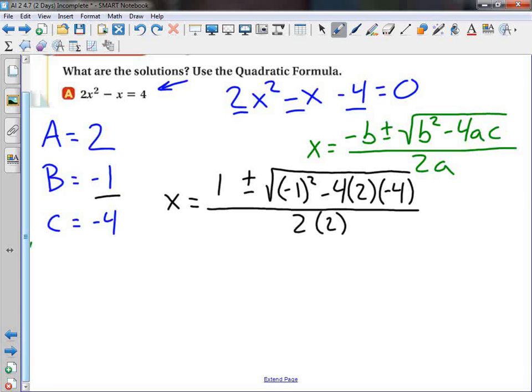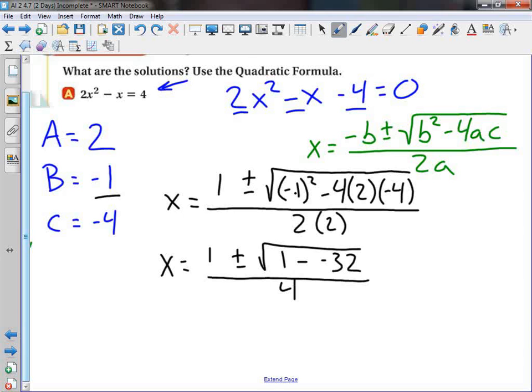Now it's just time to do some simplifying. 1 plus or minus, inside the square root here, -1 squared is just 1 minus 4 times 2 times -4 is -32, all over 2 times 2 is 4.